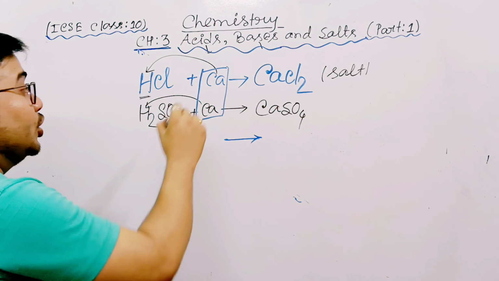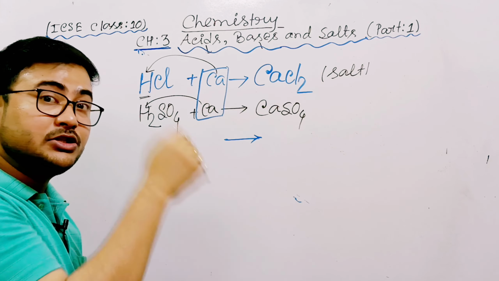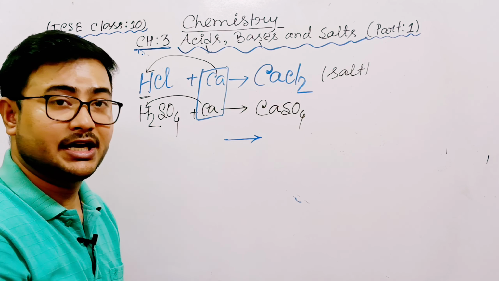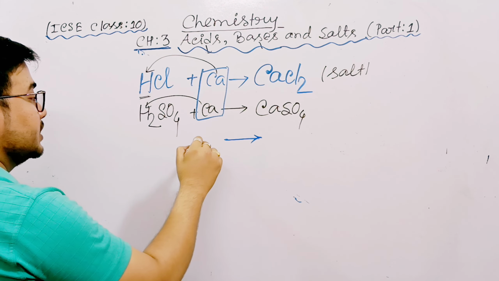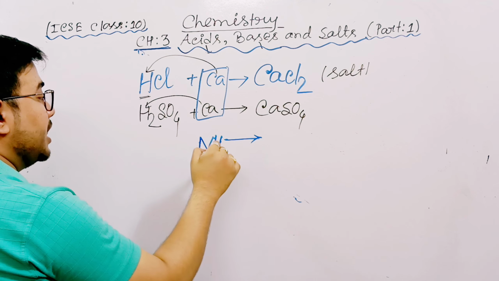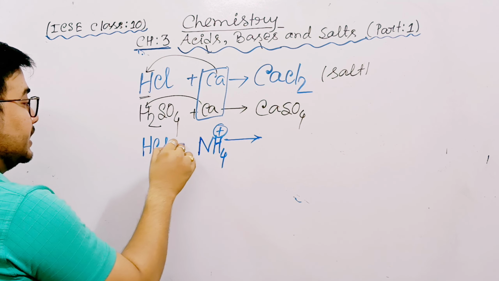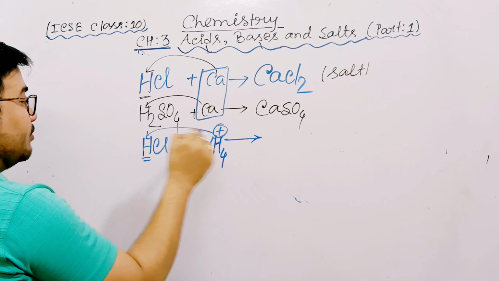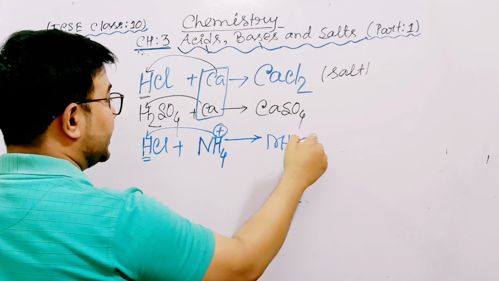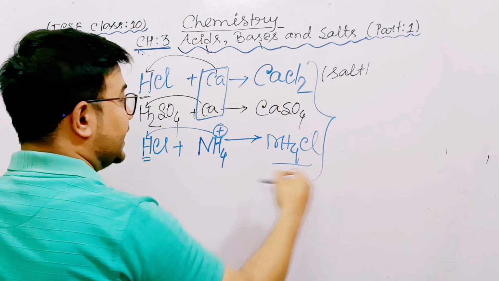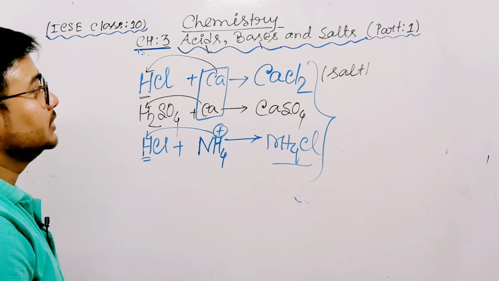Look at the board, not only metals but also some non-metals are there. Non-metal means, suppose, the ammonium ion. Suppose you have HCl, if H is replaced by the ammonium ion then you have ammonium chloride, so it is also an example of a salt.